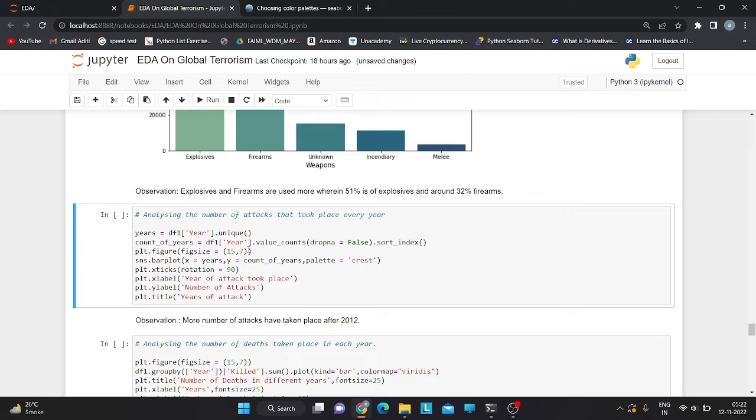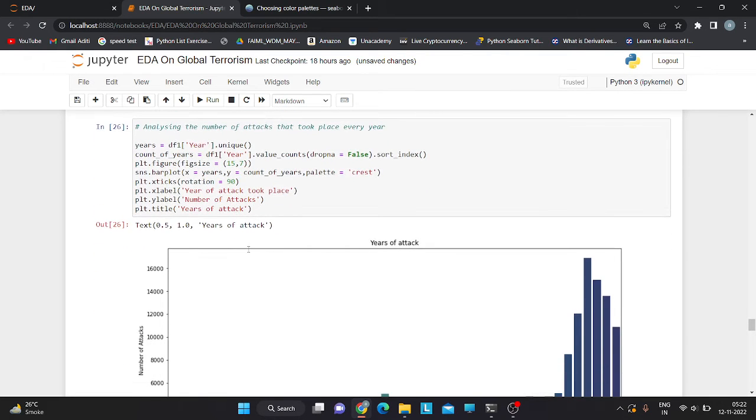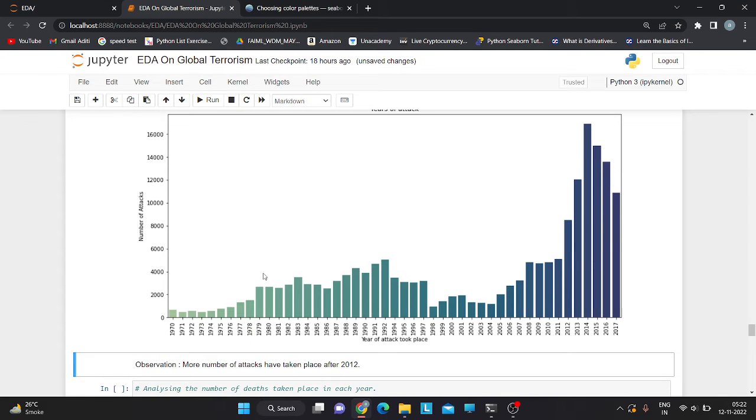Let us analyze the number of attacks that took place every year. We are going to plot this information, and we have got this picture wherein, as we could see, from 1970 to 2017 this data is there.